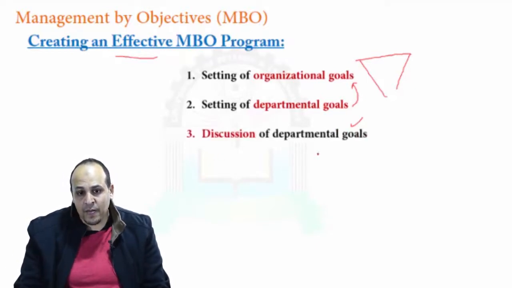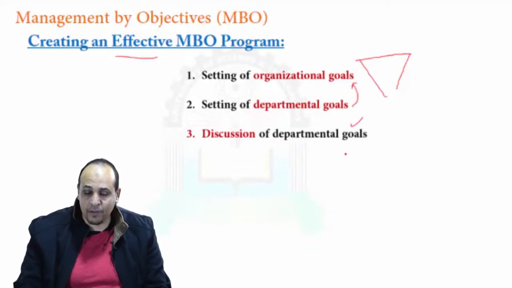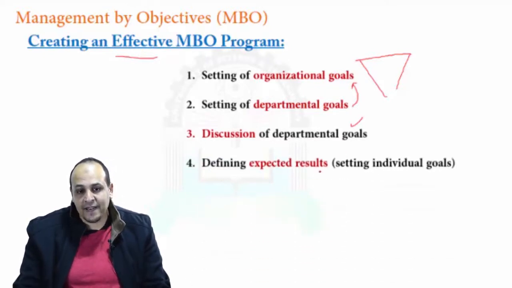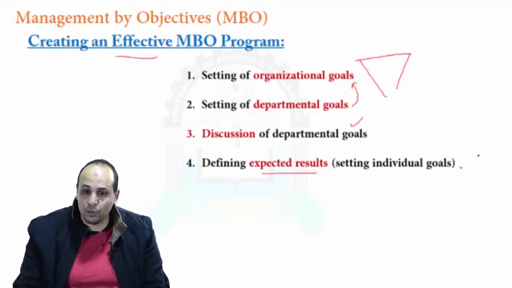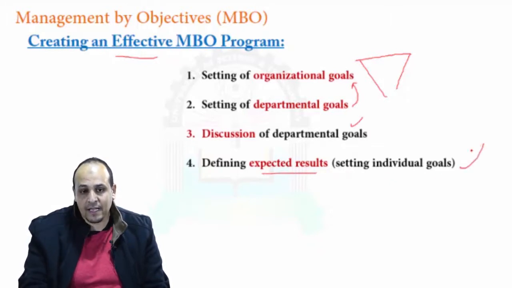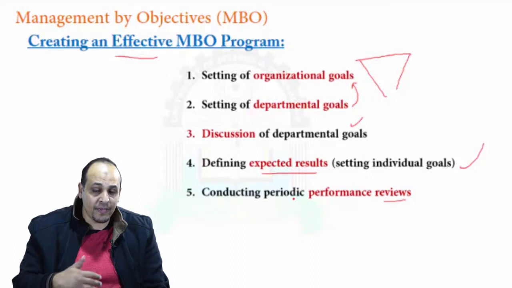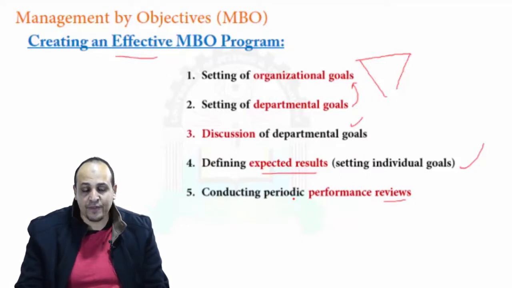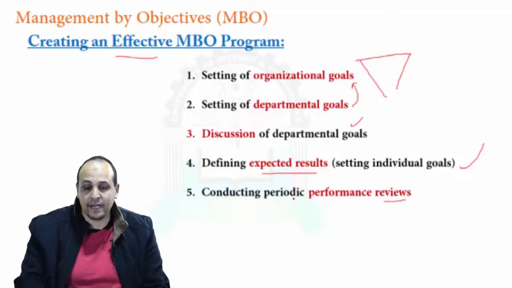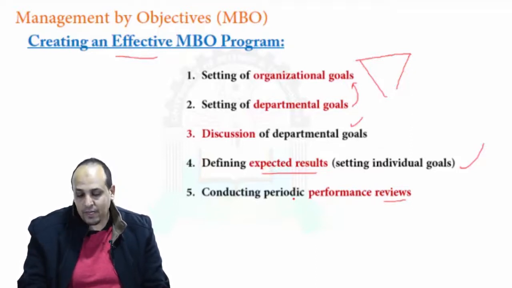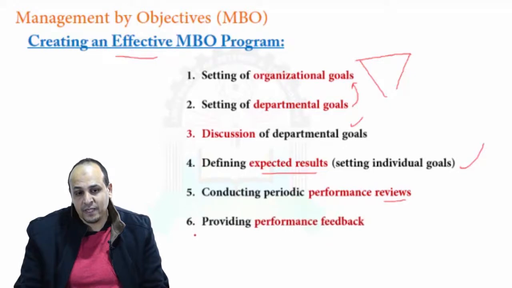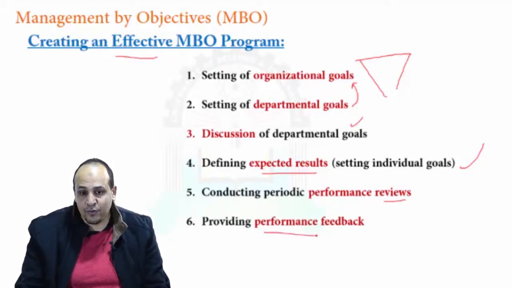Then the discussion of departmental goals among the people involved, defining expected results, like setting individual goals. Now those are the doers of these strategies. Conducting periodic performance reviews is here to check on the progress and to make sure that problems will not occur. Should there be any problems, they should come up with remedies, for example. And then we provide performance feedback.